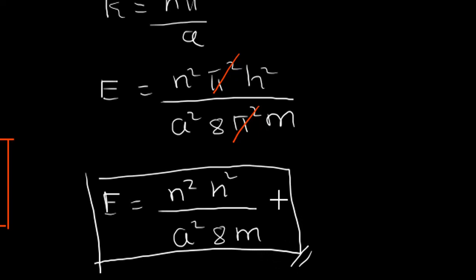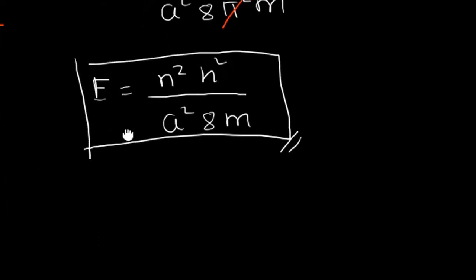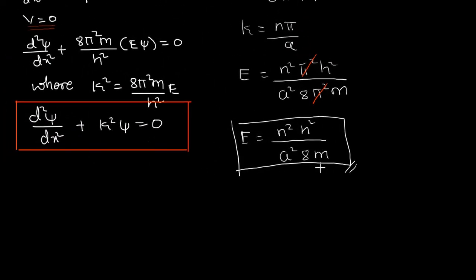Sometimes in the question paper, they ask you to find out the zero point energy. Try to understand. n means quantum number. We said 0, 1, 2, 3, and so on. So what is the minimum number that must be substituted here? If I say 0 here, then energy will become 0. That means the particle will be absent; it is not possible to find the particle.